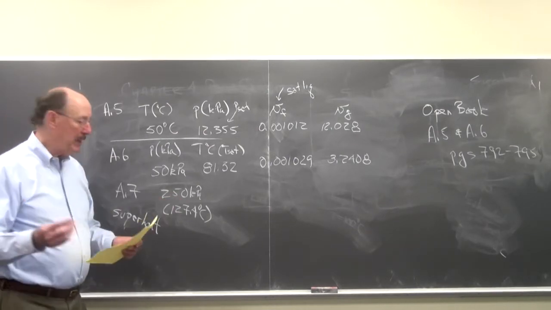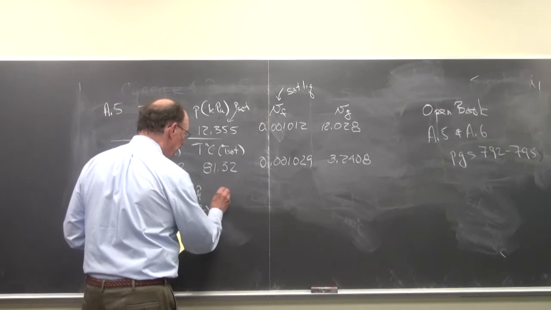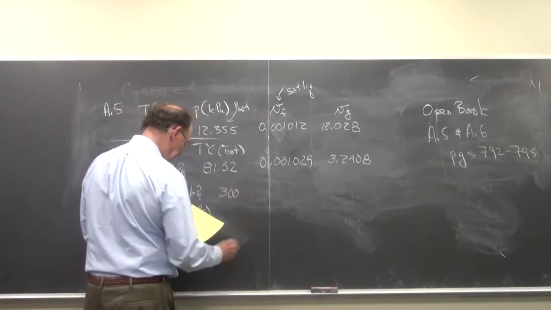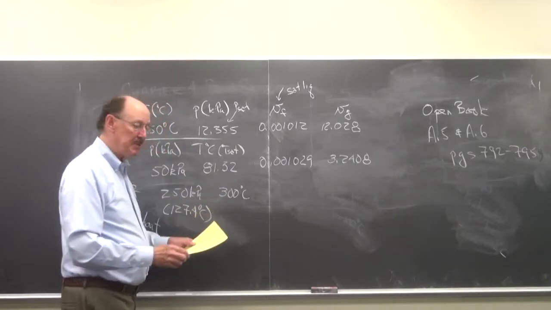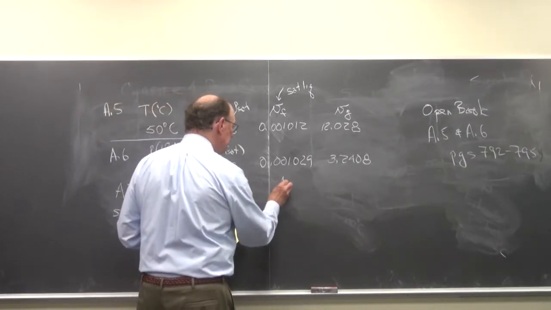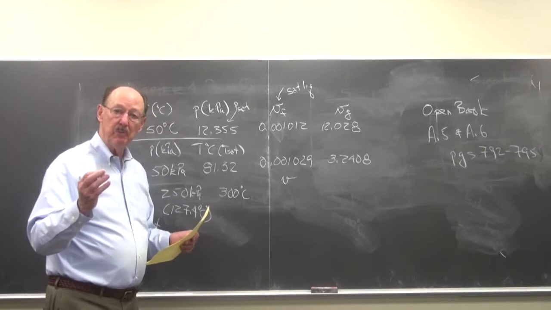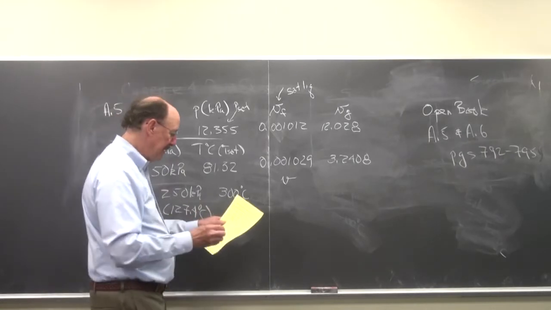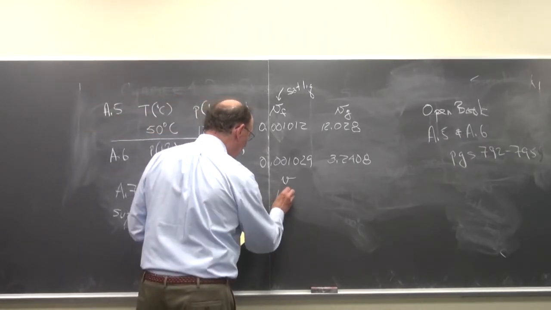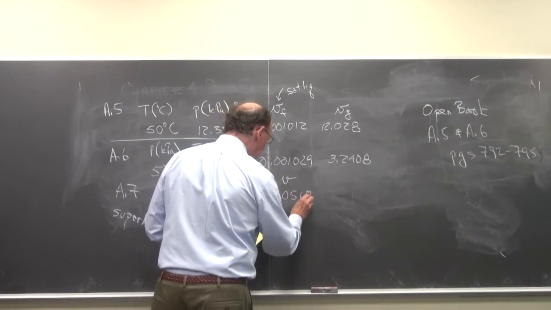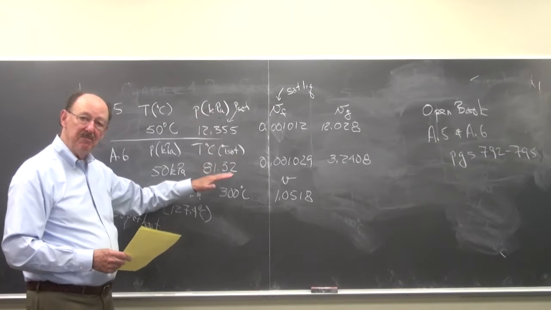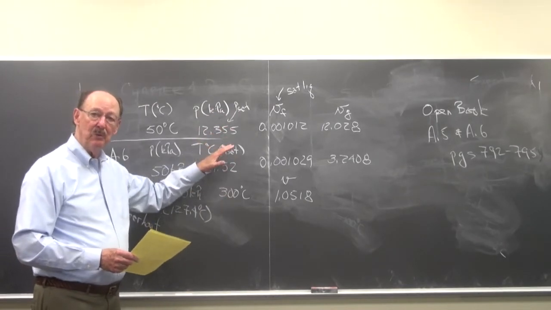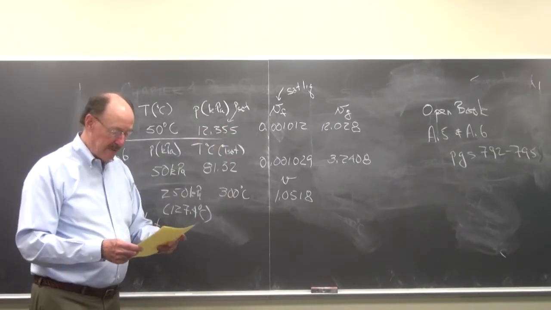And for a temperature of 300 degrees C, I can look up the specific volume, and I'll just have V, because we're in the superheat region, there's no V sub F and V sub G, and V is 0.0518. So make sure that you can find these, and then we're going to go through finding properties for how that works.